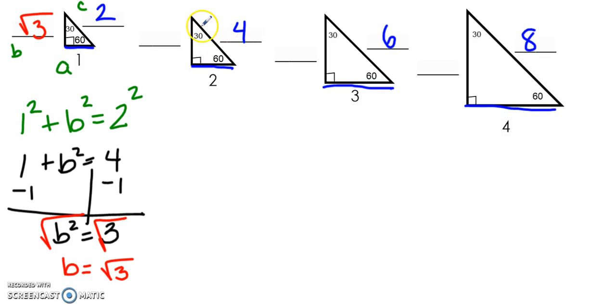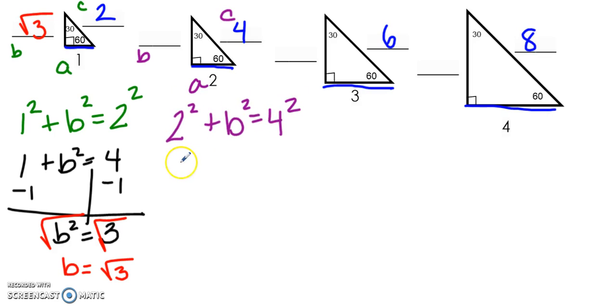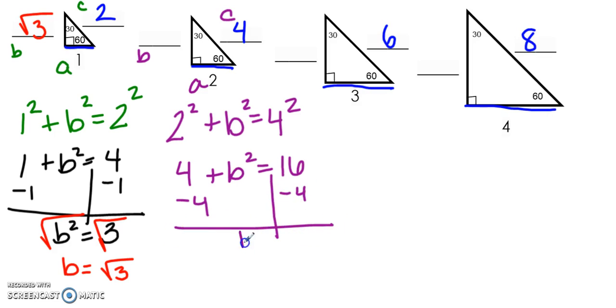I'll repeat the pattern here, and then we'll see how this works for every 30, 60, 90 triangle. So I have my A, B, and C sides. So A squared plus B squared equals C squared. And again, apply that square root.